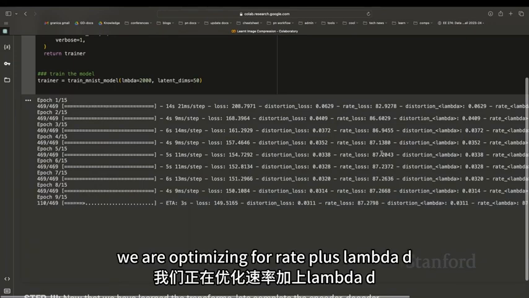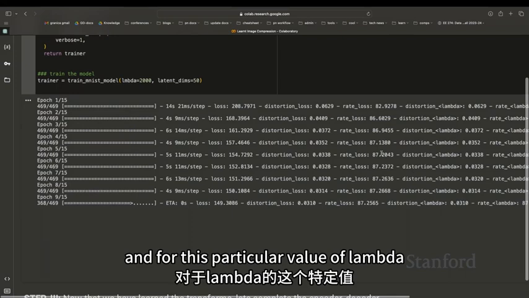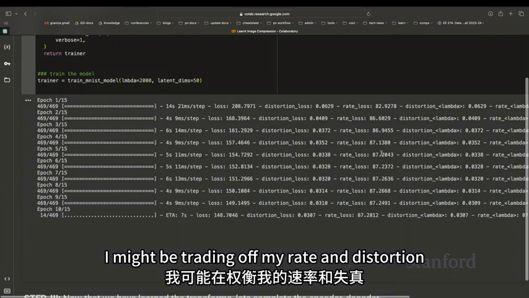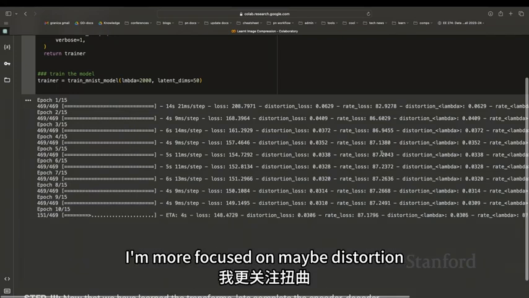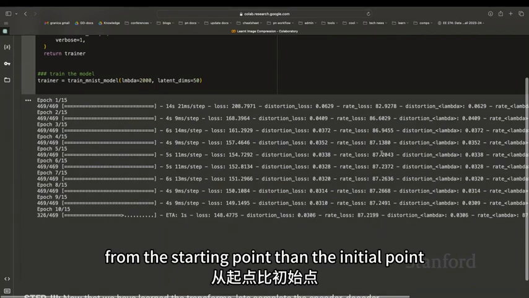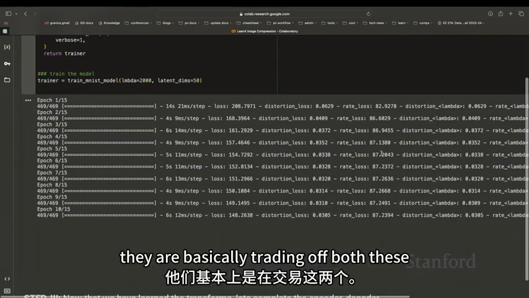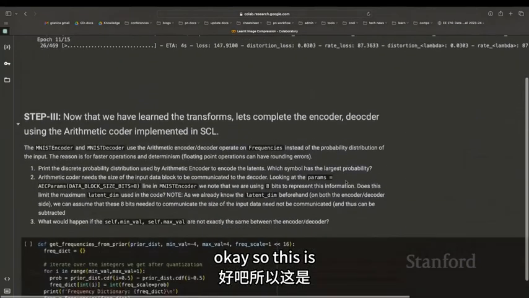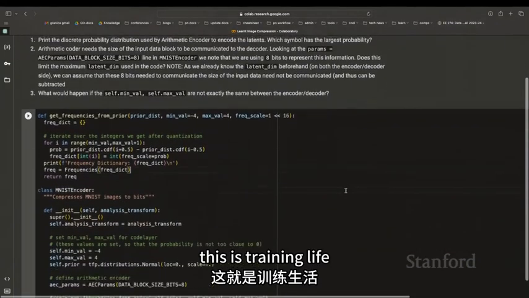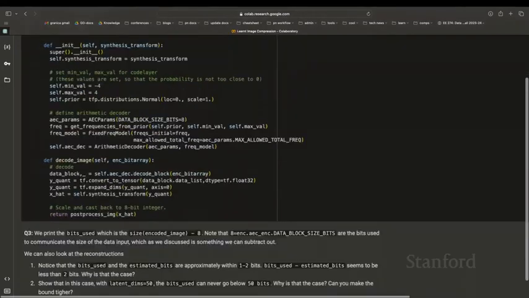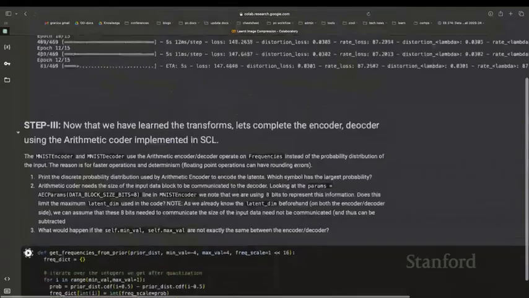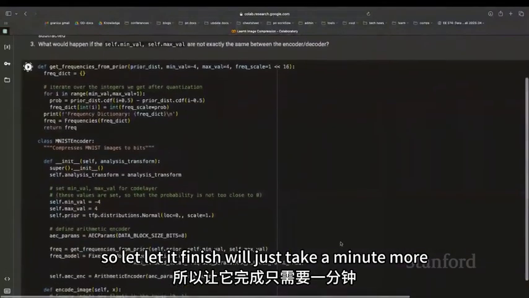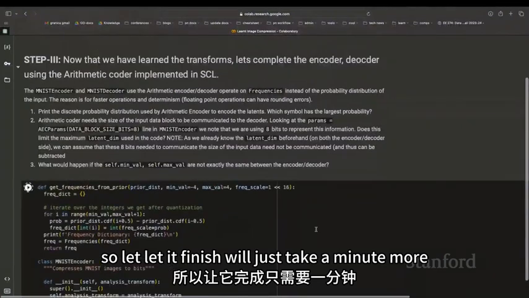We are optimizing for rate plus lambda D, and for this particular value of lambda, I might be trading off rate and distortion, focusing more on distortion than at the initial point. So let it finish. We'll take a minute more.